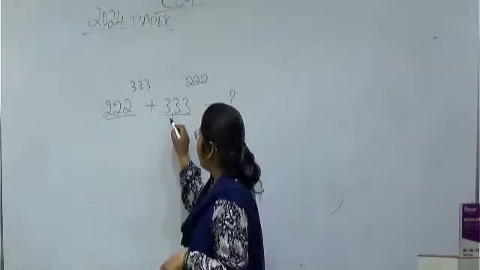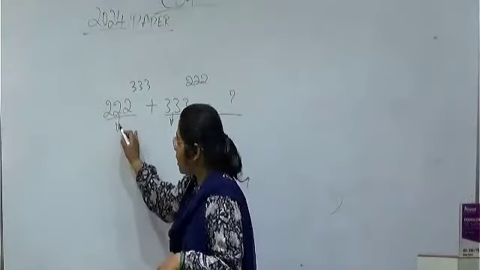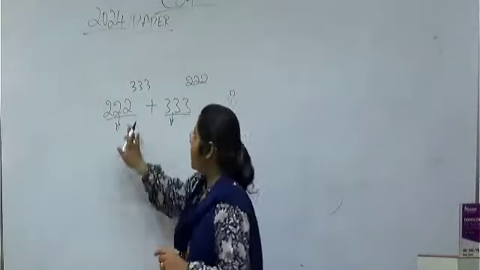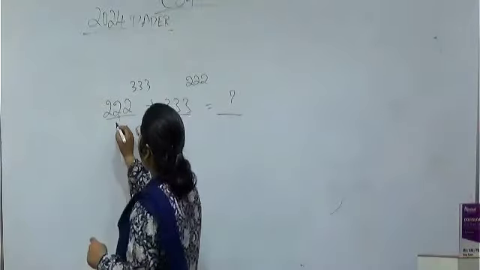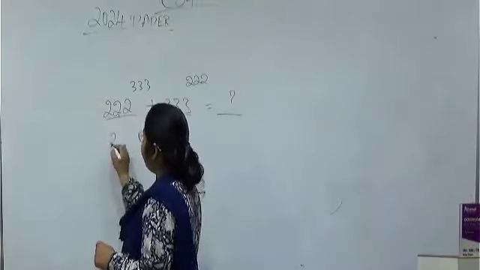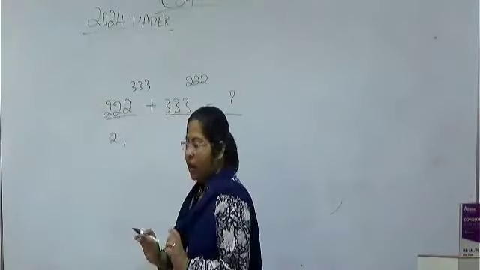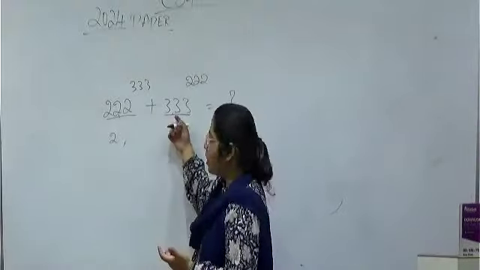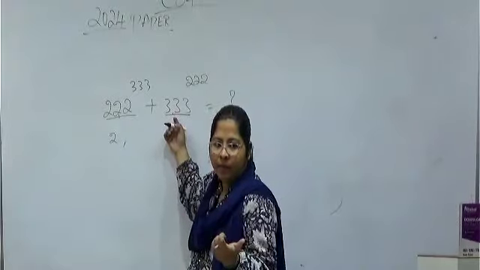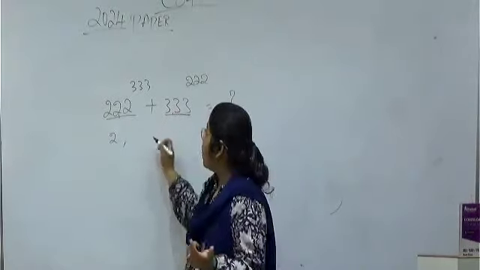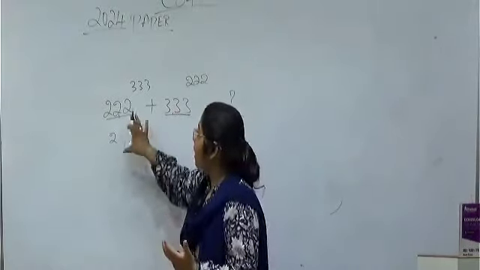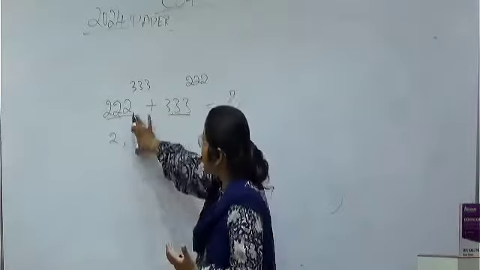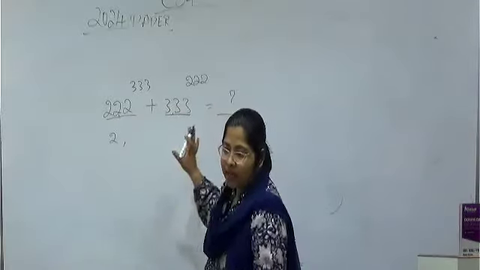And the number you are taking for the divisibility, the product should also be divisible by it. For example, this entire thing can be divisible by 2 for sure. Can it be divisible by 3? By 2? This you cannot divide by 2. You will get a remainder. So you should search in such a way that it is divisible by the same number and the product also by the same number.